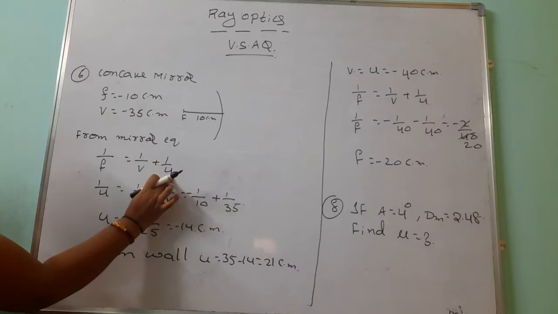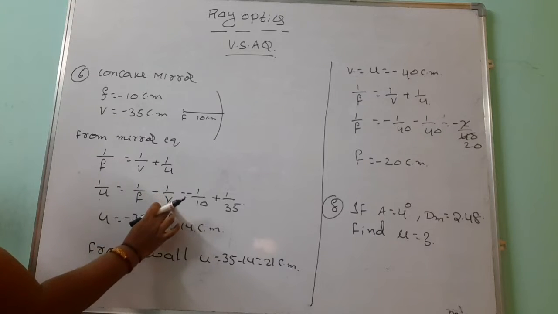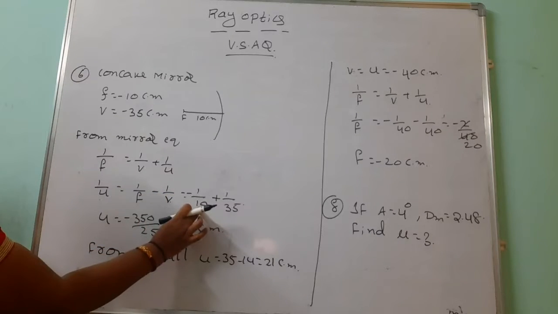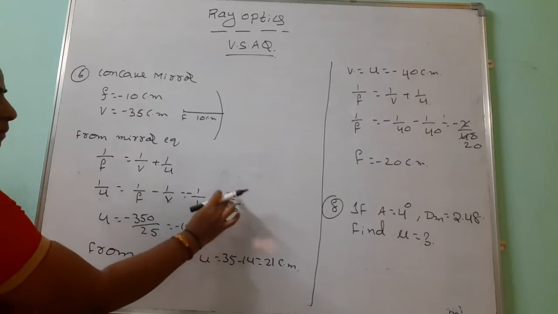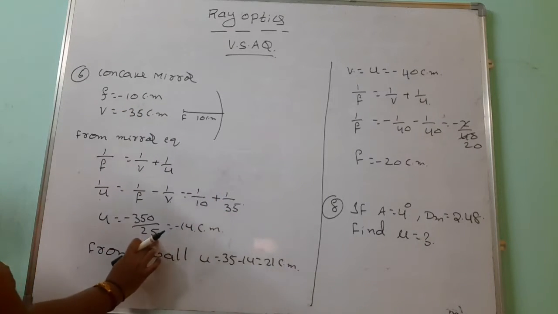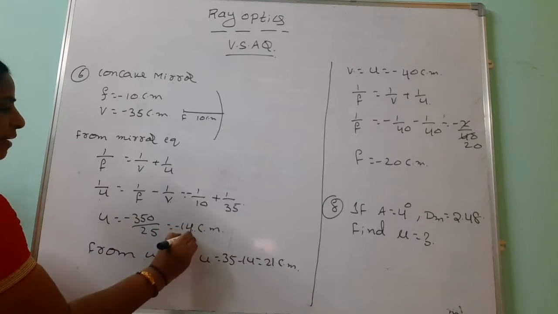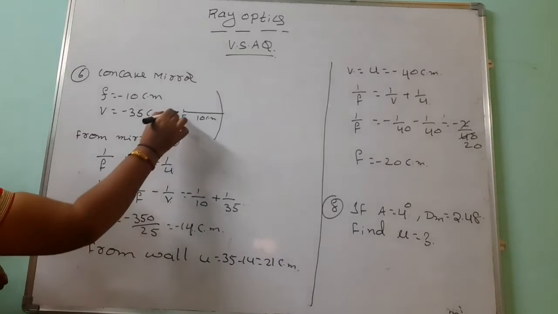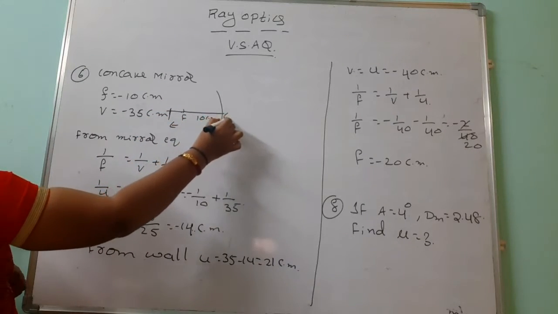We want the object distance, so 1 by u equals 1 by f minus 1 by v. That is minus into minus, plus 1 by 35. After taking the LCM and simplifying, we get u equals minus 14 centimeters from the optic center.